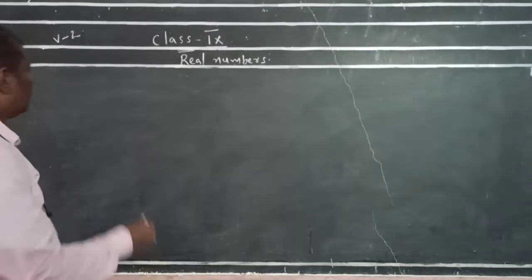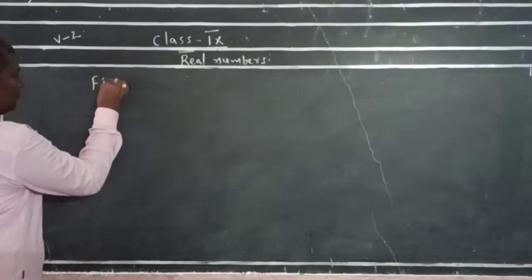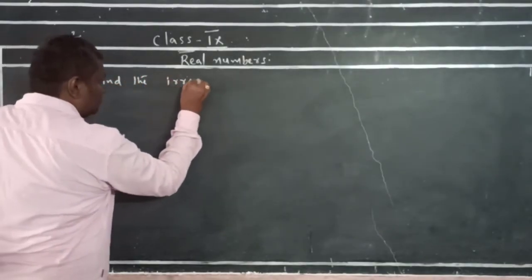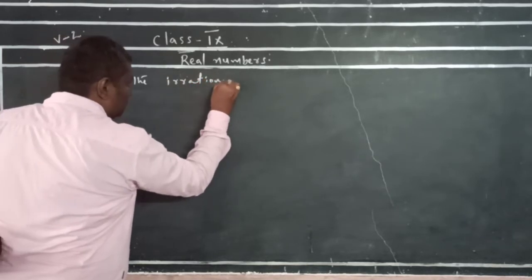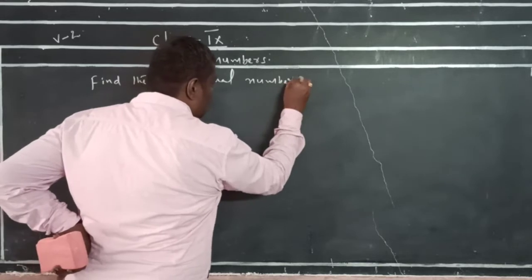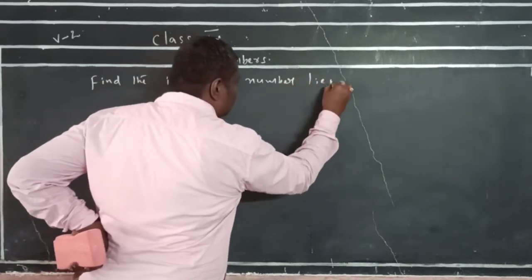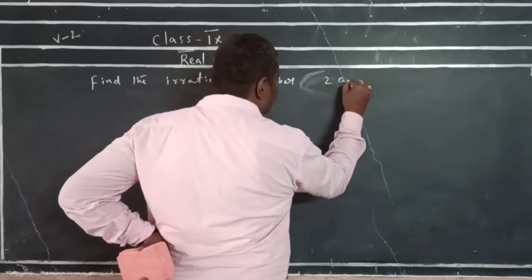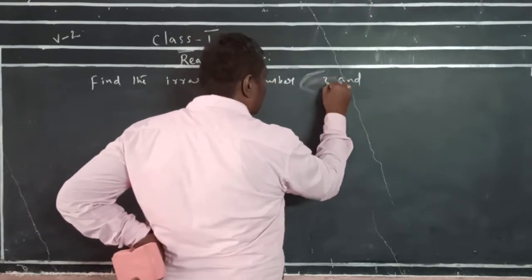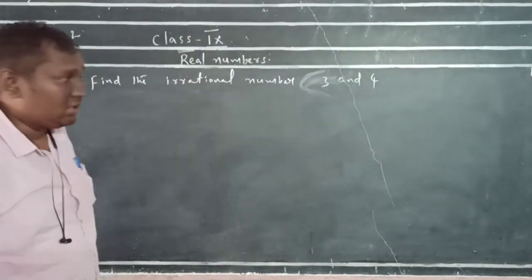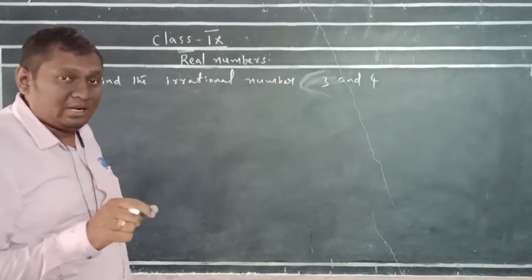Okay, next. Find an irrational number that lies between 2 and 3, or 3 and 4, anything. Already in the previous class, (a plus b) by 2 is the rational number that lies between a and b.